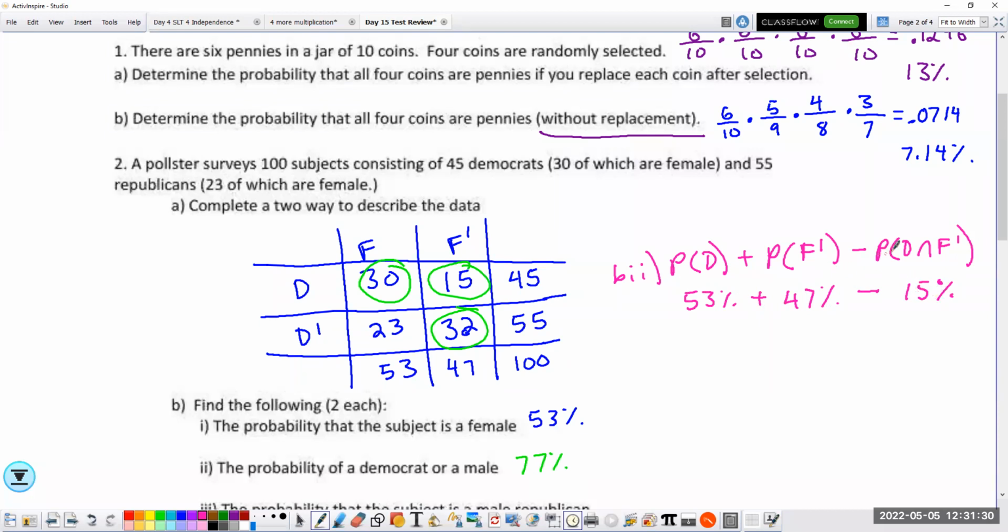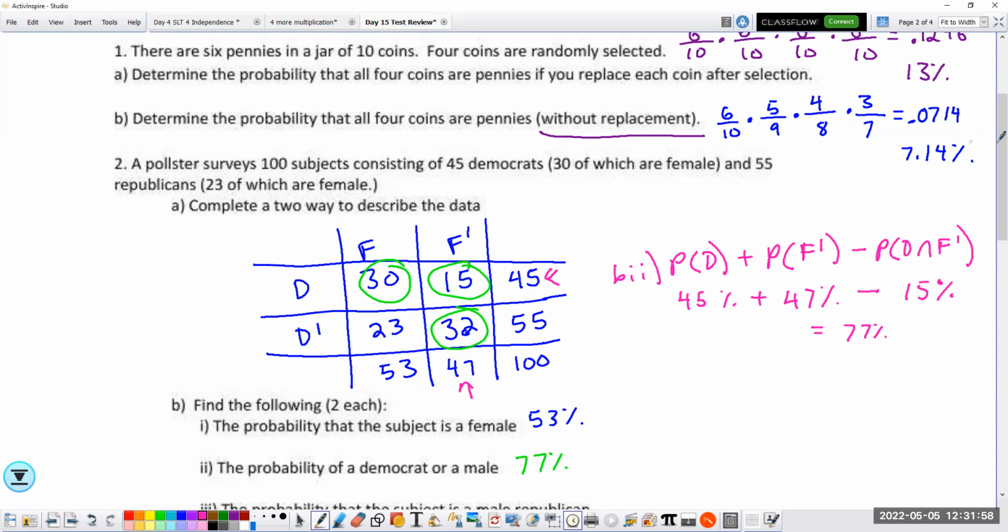Wait, hold on a second. Democrat and, yep, that's right. So here we go. Oh, Democrat's the wrong number. I'm like, this is not going to add up to 75. My bad. Democrat's 45. So 45 for Democrat, 47 for male, and then subtract the overlap, and I would still get 77%.